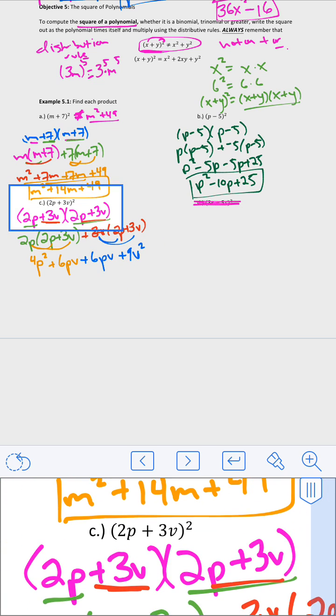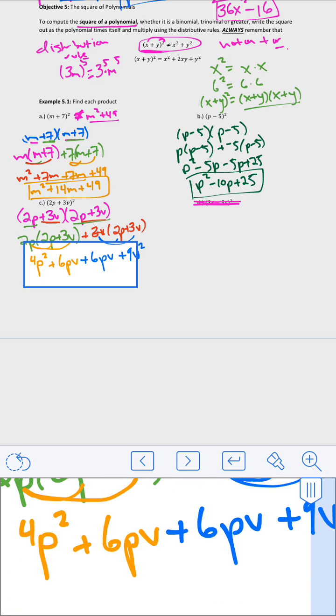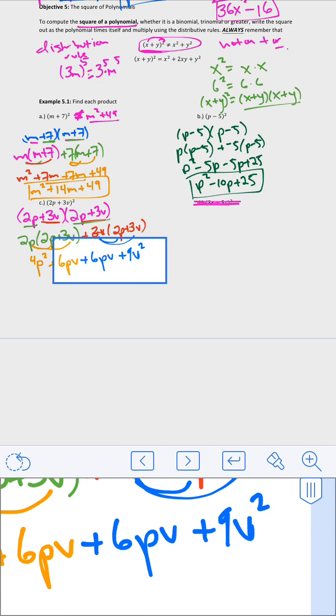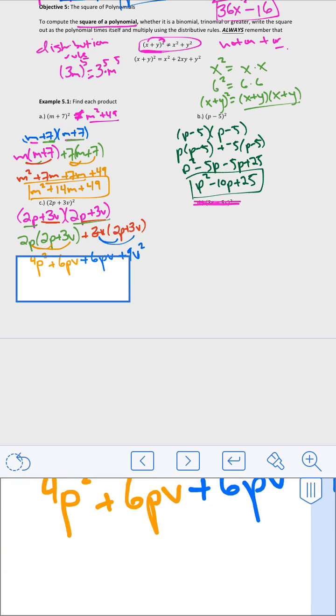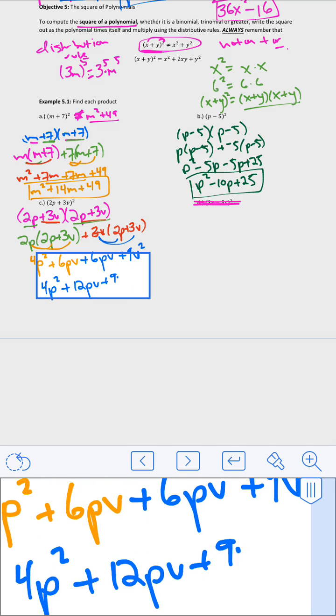So binomial times binomial, I should get 4, did get 4, and some terms in the middle that are the same. If I wrote this first one as 6pv and the second one as 6vp, I might not think they're the same, so that's why I want to use alphabetical order. Always use alphabetical order. And I end up with 4p squared plus 12pv plus 9v squared, right?